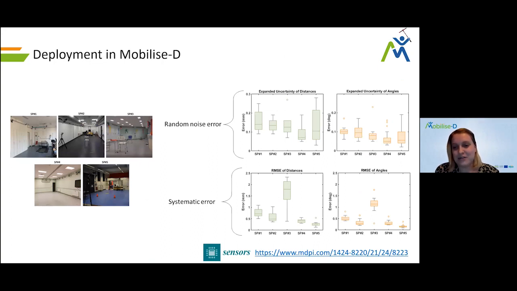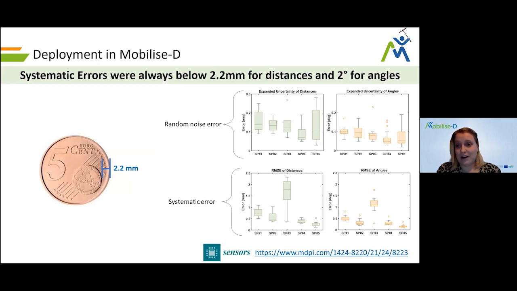So we can see the errors for each of the different systems, both in the distances and the angles, for the random noise and for the systematic. And the good thing for this data collection is we found that the systematic errors were always below 2.2 millimeters for distances and below 2 degrees for the angles, which when we take that into consideration of the spatial parameters that we're calculating, such as step width and stride length, they're very minimal and fractional to those outputs.